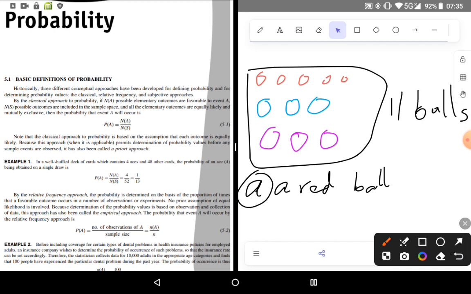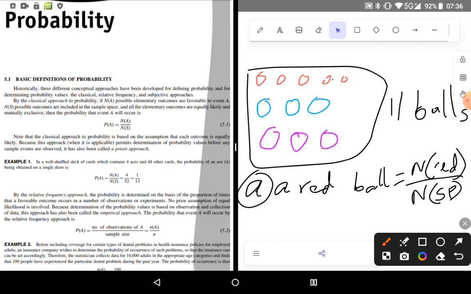So the probability will just be the number of red balls here. We have 1, 2, 3, 4, 5. So it's going to be the number of red balls over the total number, or let's say sample space.